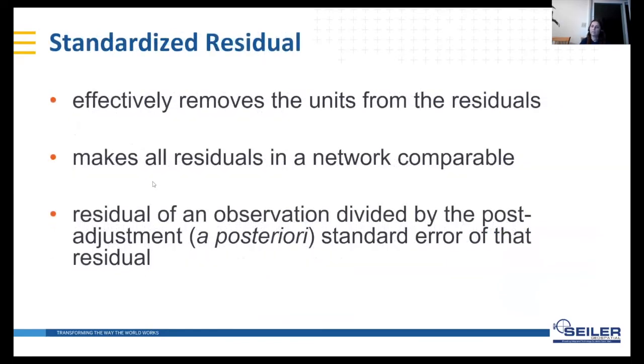After that, you will see the standardized residuals, standard errors. This is the observation residual divided by the a posteriori standard error of that residual. So we make all residuals one system and we compare those residuals. This is why we apply the histogram.